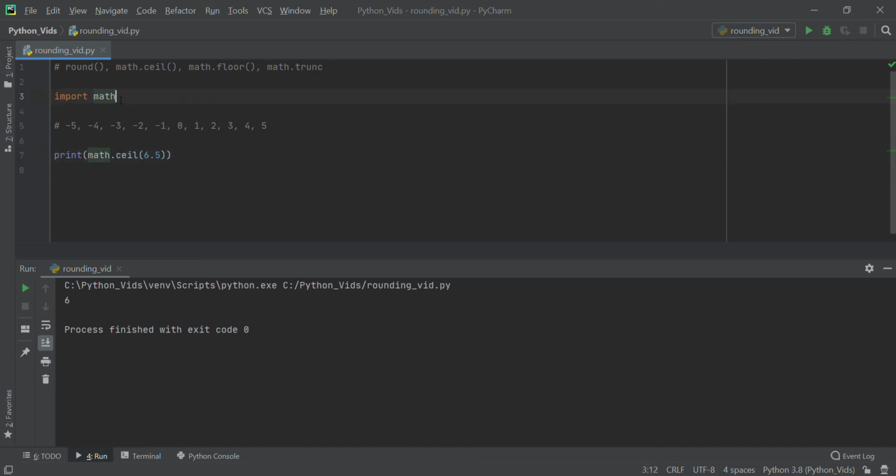So remember, don't forget to import math, which we already have. And then what's this doing? Math.ceil is saying take the ceiling of 6.5, which is in effect saying, hey, round up 6.5, and you can print it, and it will print out 7. And that's the ceiling function.